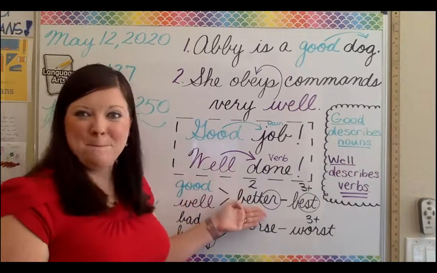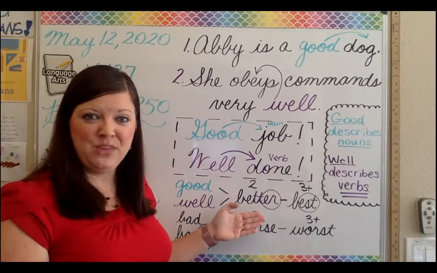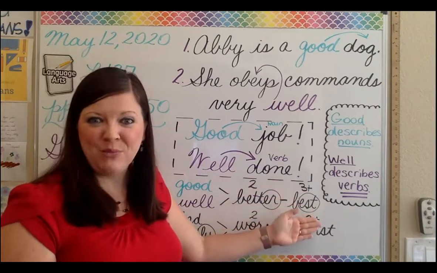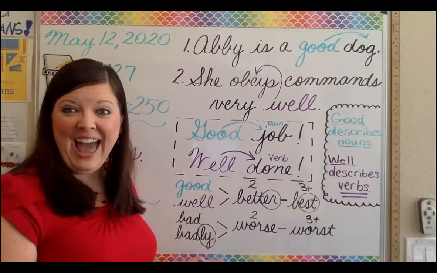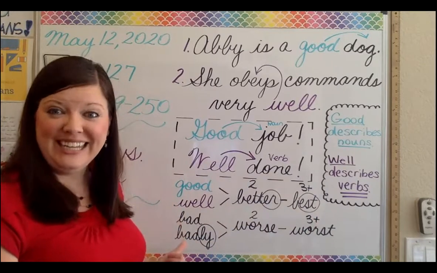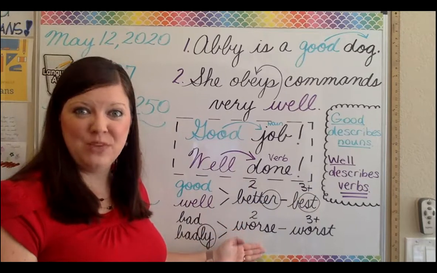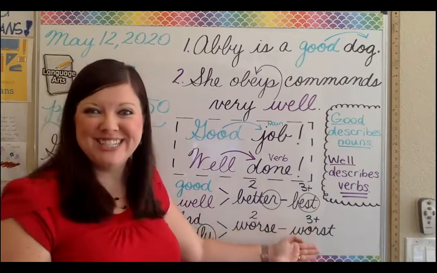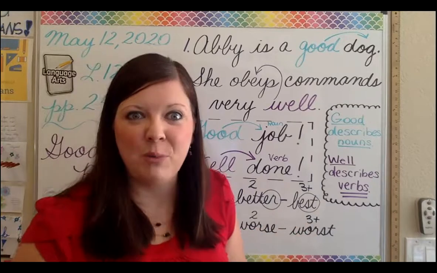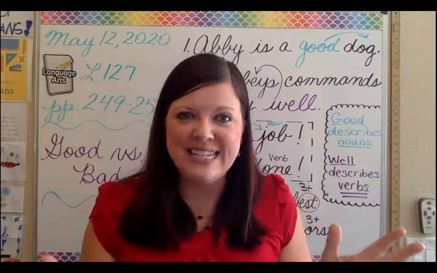They both share better, best. Better with 2 things, best with 3 or more. For bad, it will be bad for the adjective, badly for the adverb, worse comparing 2 things, worst for comparing 3 or more things.